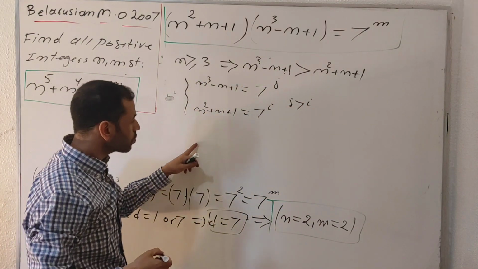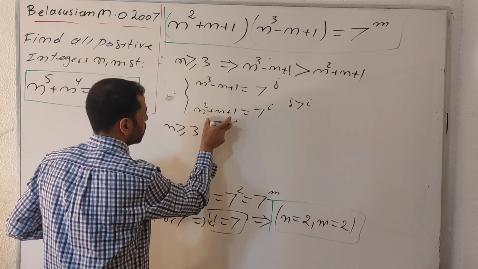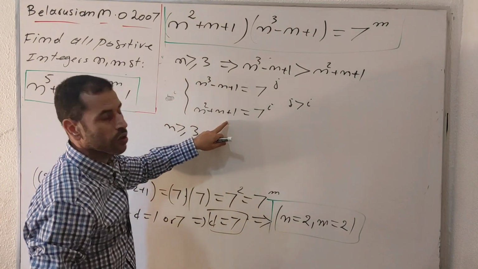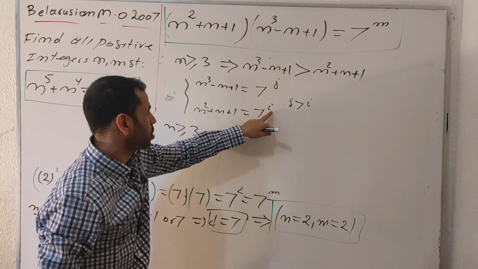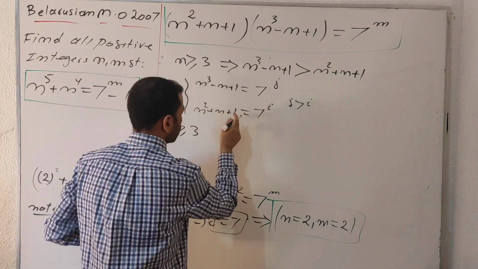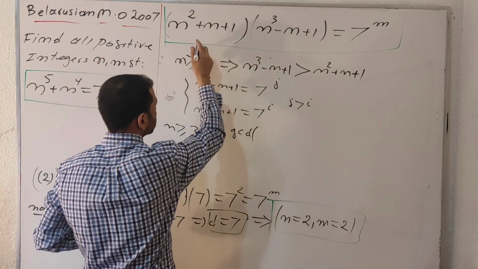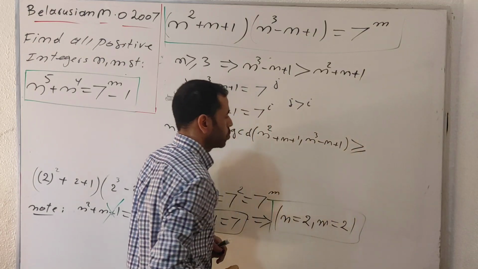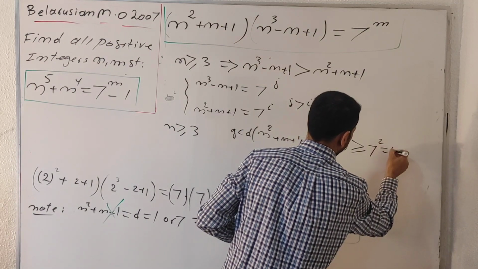That means this term becomes bigger, so the exponent of 7 becomes bigger as well, which means the GCD of these two terms becomes at least 7 squared, or 49.